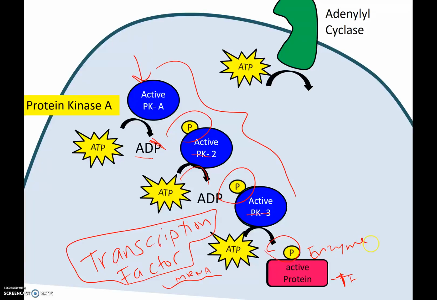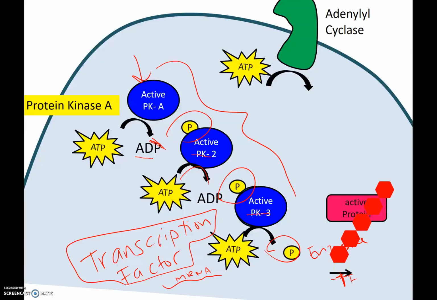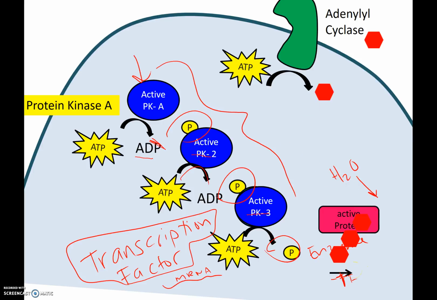Now, you could also, maybe it's an enzyme. So maybe we've activated an enzyme, and let's say it's an enzyme that's going to take a water and then break the bonds, the glycosidic linkages, and then release sugar into the bloodstream. So here if this was an enzyme doing hydrolysis, we can see how that would make sense.